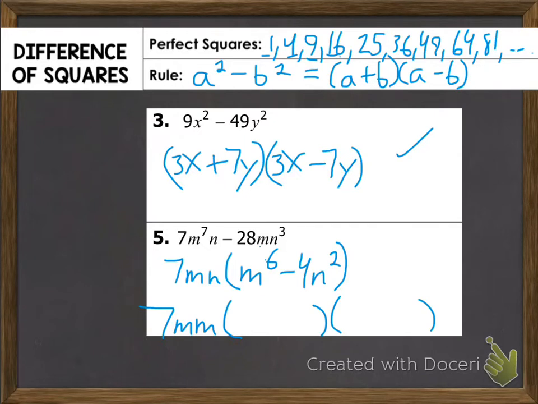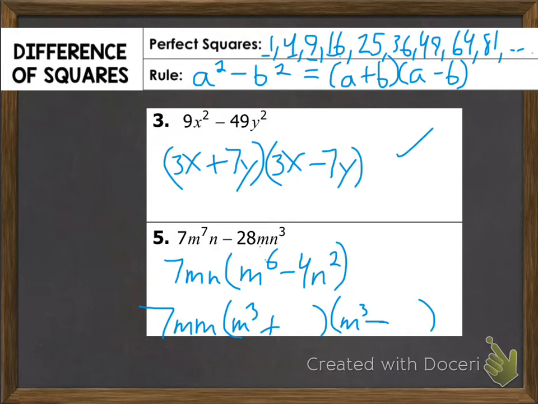Well, 6 can be split into 3 and 3, not a perfect square, but 3 and 3 added together makes 6. So I'm going to split that up into m to the 3rd, and then m to the 3rd. And remember, you want one side to be positive and the other one to be negative. Doesn't matter which side, I just happen to put the positive first.